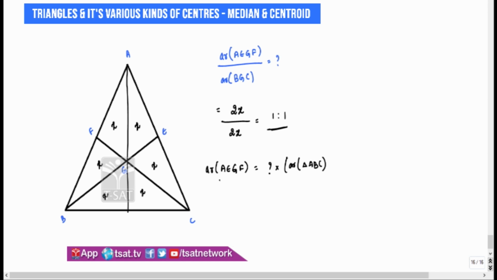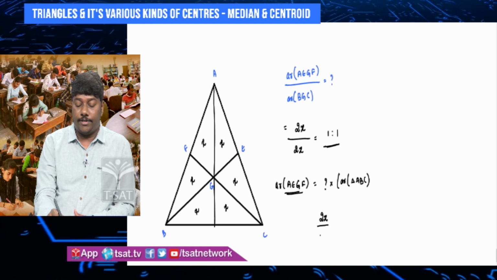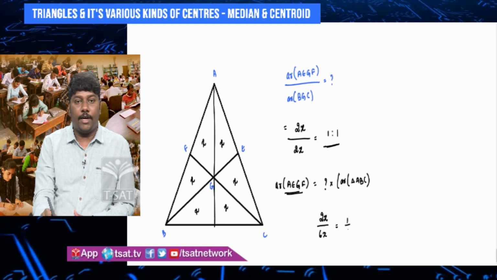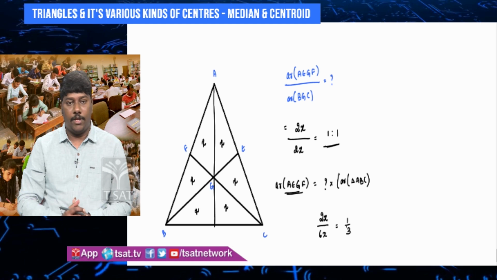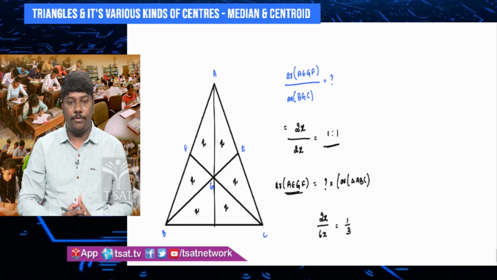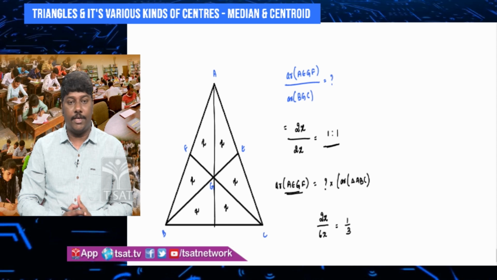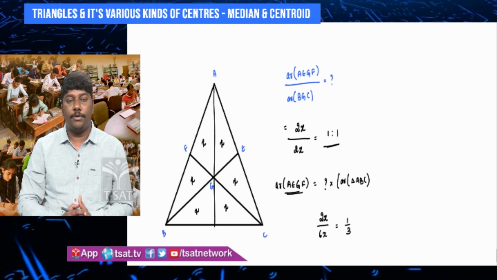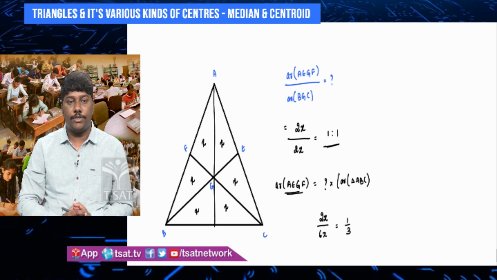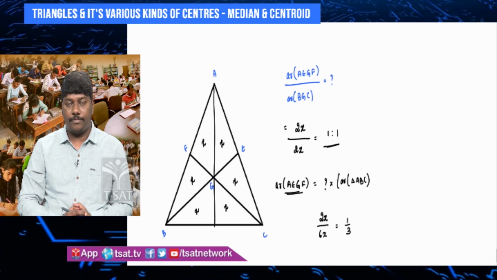If you look at it, this quadrilateral actually consists of two small triangles out of a total of 6 triangles. Therefore, this is 1/3 of the area of ABC. Sometimes they may ask you AEGF also. So be careful here, it is actually a quadrilateral, but it is composed of two triangles. Therefore, it is 2 triangles out of 6 triangles, which is equal to 1 out of 3.